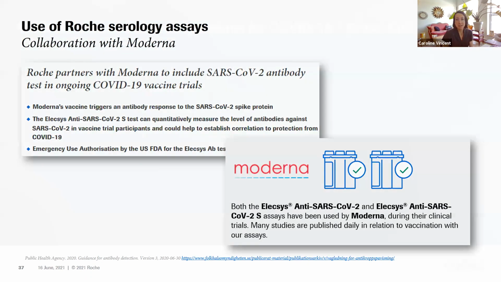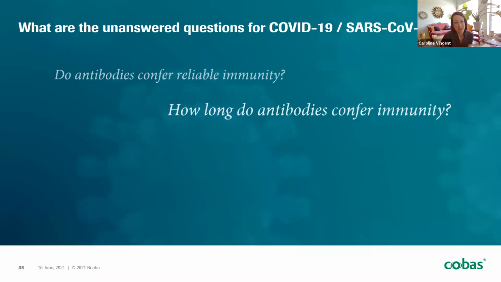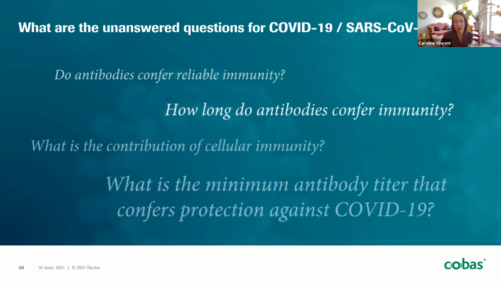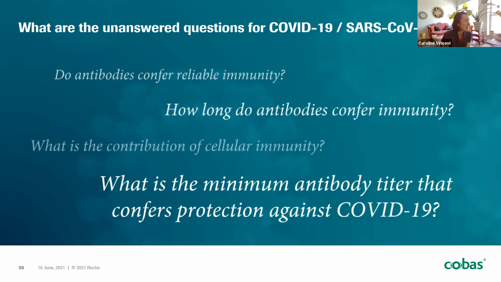So there are still many unanswered questions when it comes to SARS-CoV-2. A lot of them are around the topic of immunity. For a long time, since the beginning of the pandemic, we've wondered if antibodies confer reliable immunity, and if so, for how long they would confer this immunity.